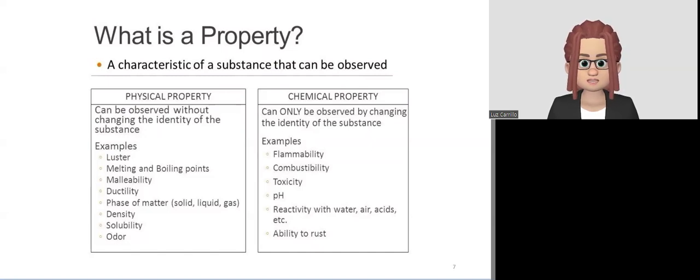Examples of chemical property include flammability, meaning if it can actually catch into flame, combustibility, meaning if it can undergo combustion, toxicity, and this is looking at molecules that can actually affect the human body by interaction with different biomolecules.